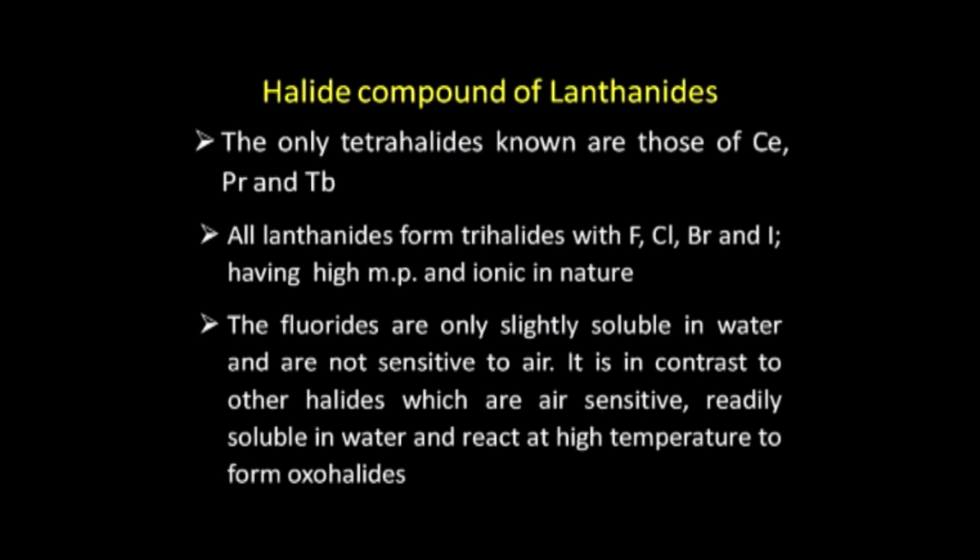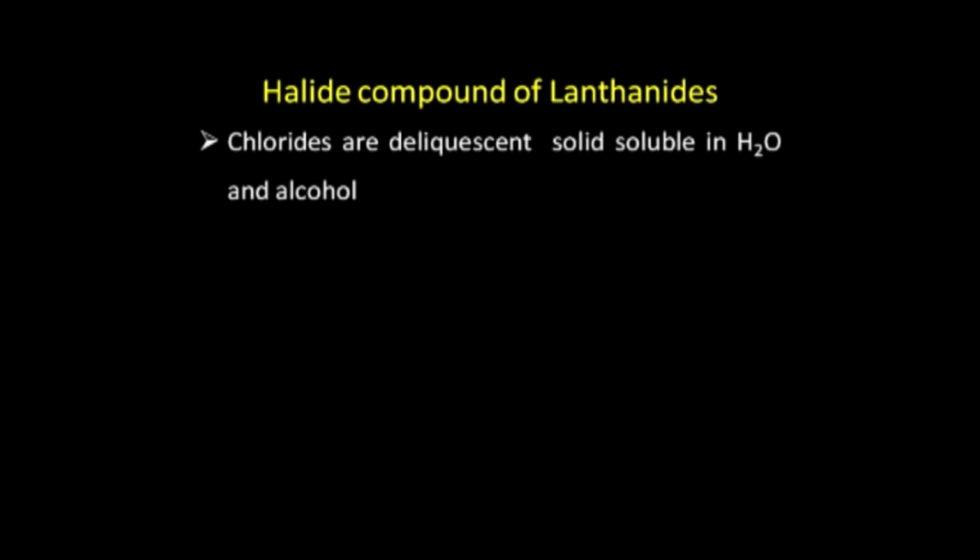This is in contrast to the other halides, which are air sensitive, readily soluble in water and react at high temperature to form oxohalides. The chlorides are deliquescent solids, soluble in water and alcohol as well. The trihalides are used to prepare the pure metal.